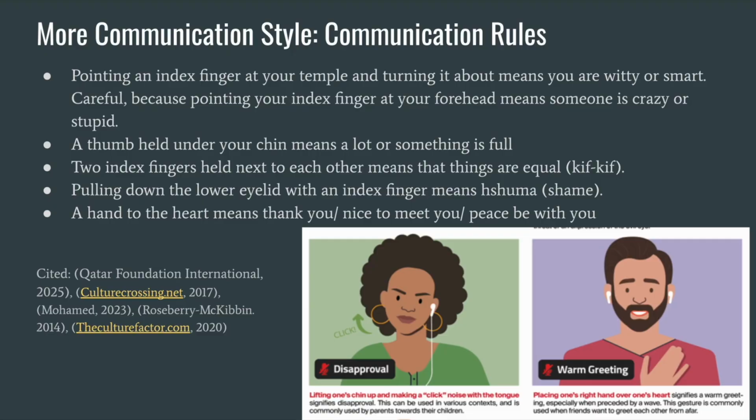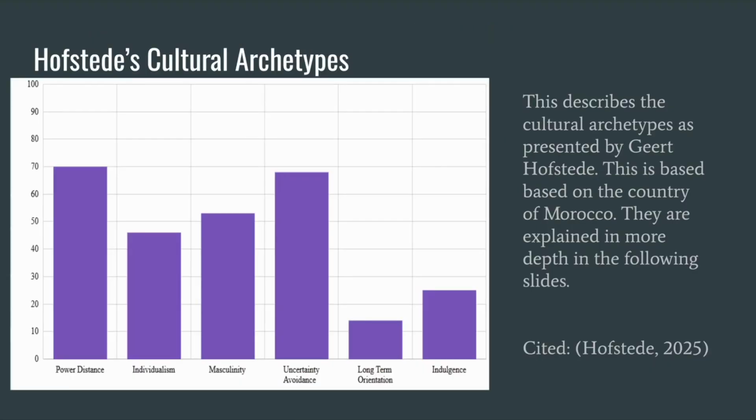So these nonverbal communications were introduced as part of Qatar's International Foundation to show tourists or friends coming in the differences in communication and how to not be rude or disrespectful. On our next slide, the following chart is based off Geert Hofstede's work on cultural archetypes.